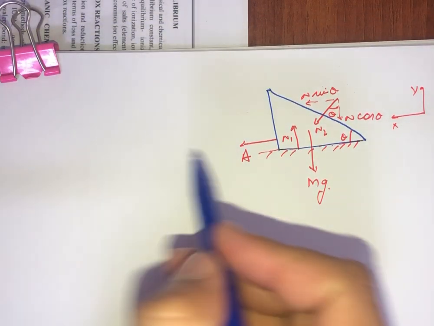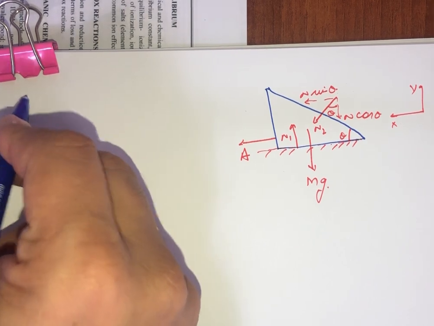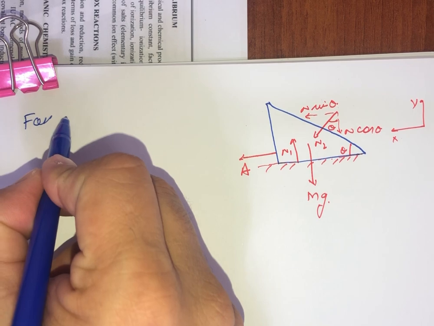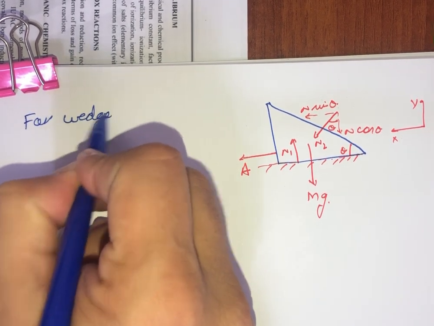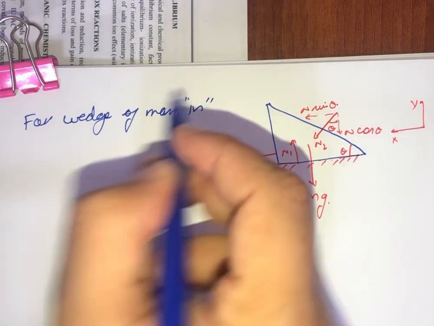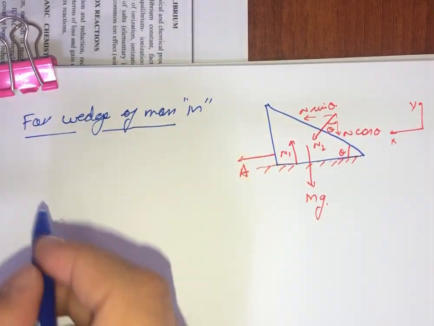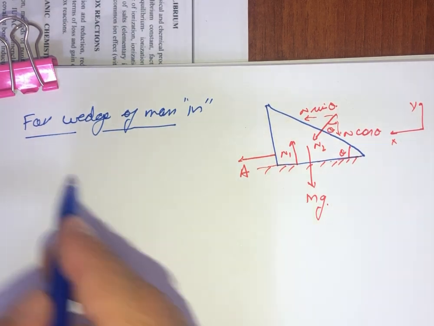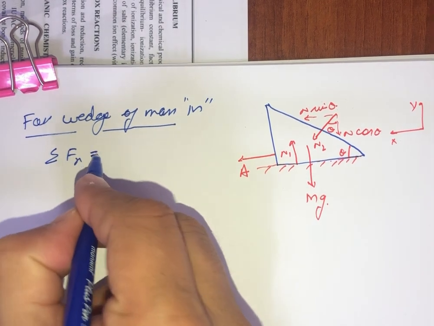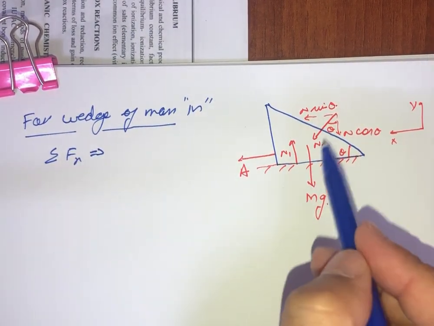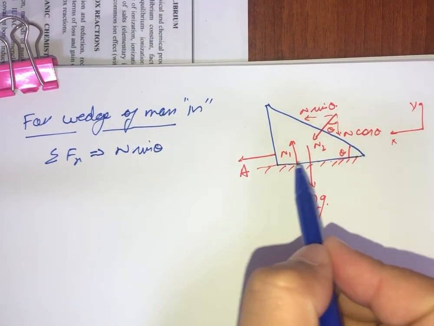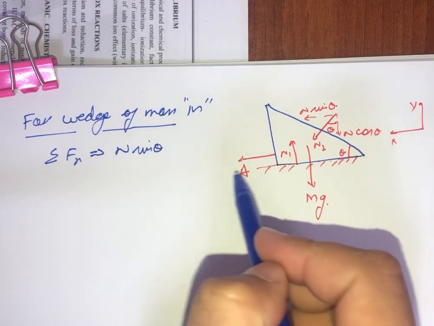So now we find the sum of forces for the block, for the wedge of mass capital M. The summation in the x direction of all the forces: summation of Fx gives us N2 sine theta, and that will be equal to Ma, acceleration in this direction.